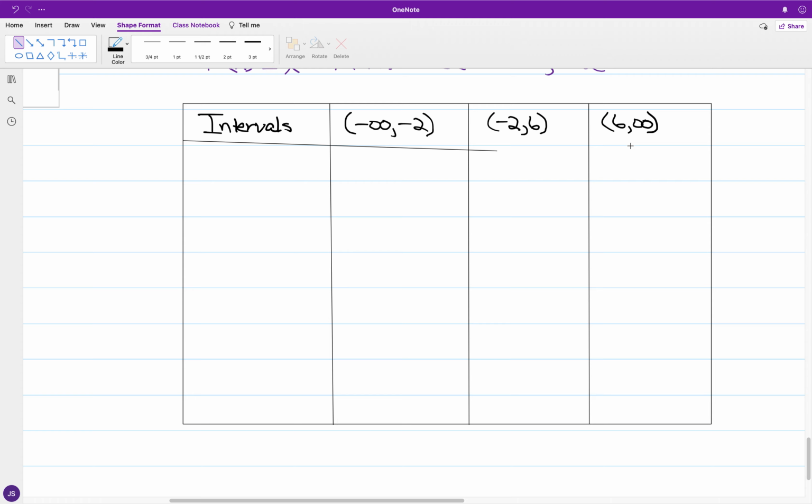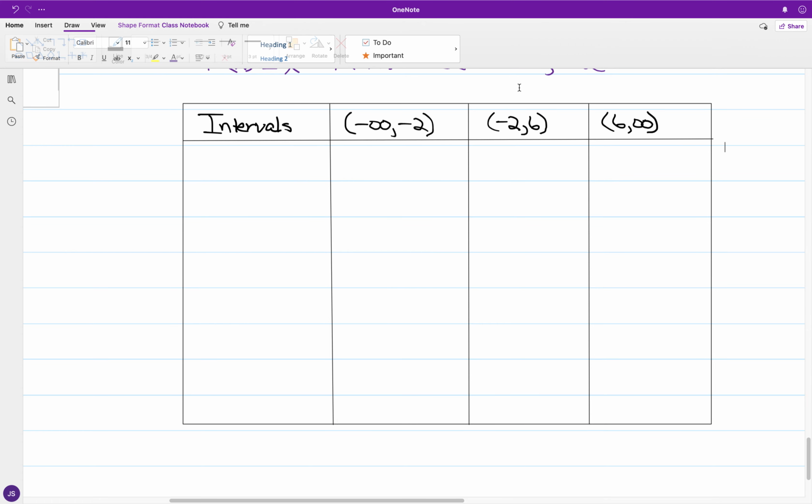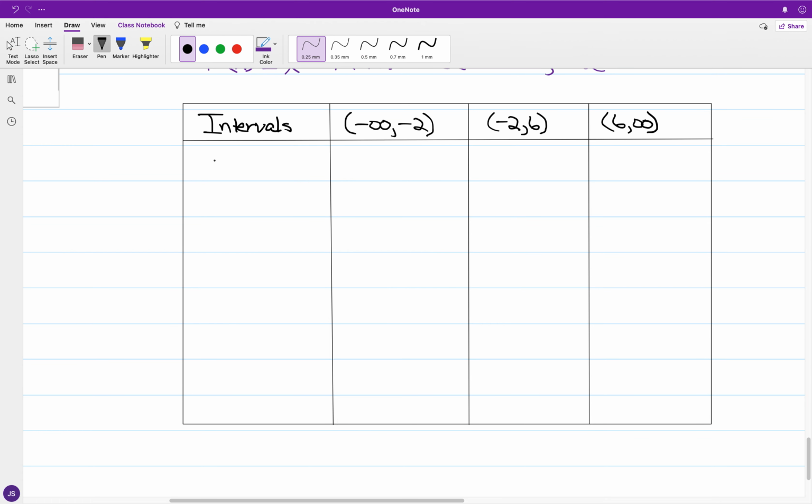For anything less than negative 2, we can go with negative 3. Between negative 2 and 6, we can go with 0. Anything greater than 6, 7 is a possible choice.